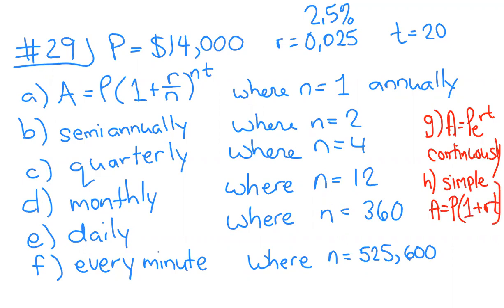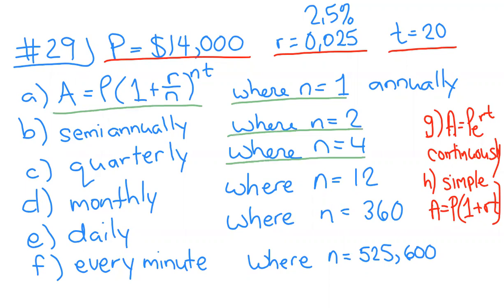So for each and every single one of these problems, you use the P of 14,000, the R of 0.025, and the T of 20, but you have to switch up which equation you're using.